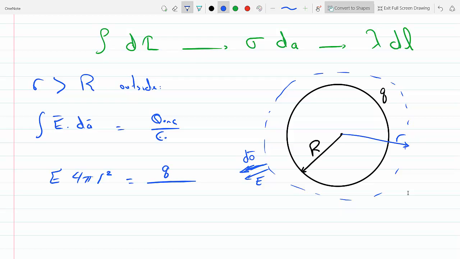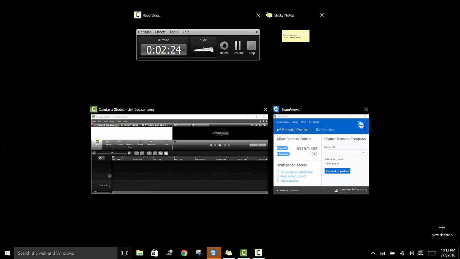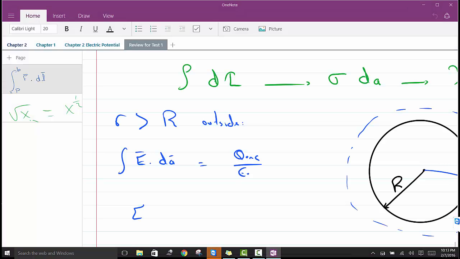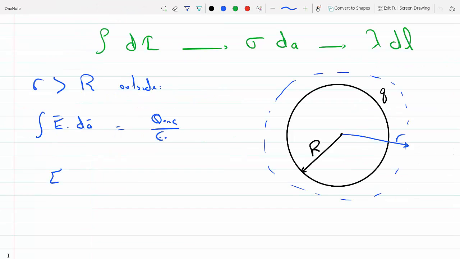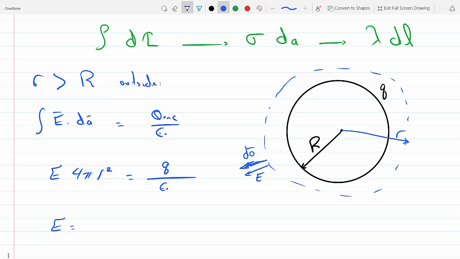I'm enclosing the entire Q over epsilon, so the electric field will be Q over 4 pi r squared epsilon, or let me write it in a more suggestive way: Q over 4 pi epsilon r squared in the r direction.